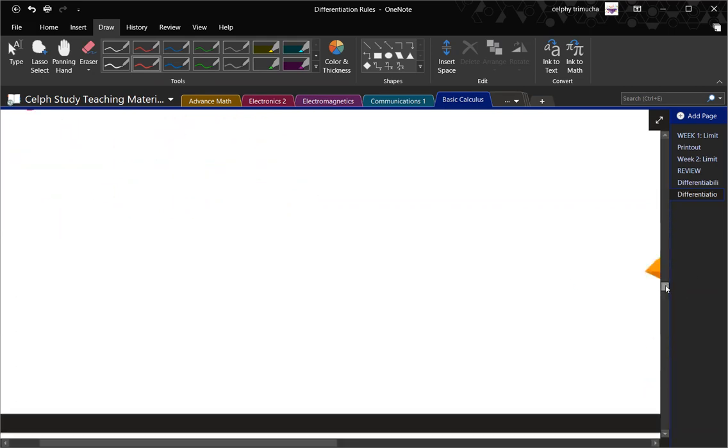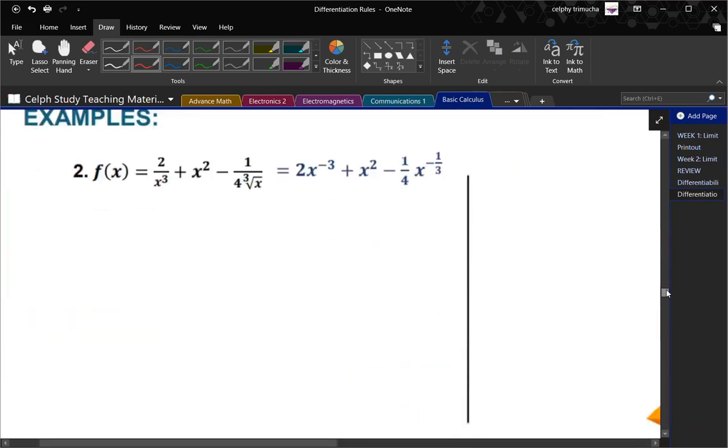Okay, next, another example, we have this one. So, function of x is equals to 2 over x cubed plus x squared minus 1 over 4 cube root of x.